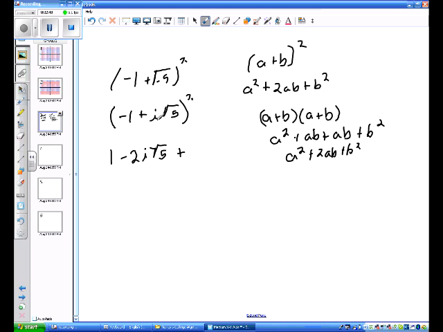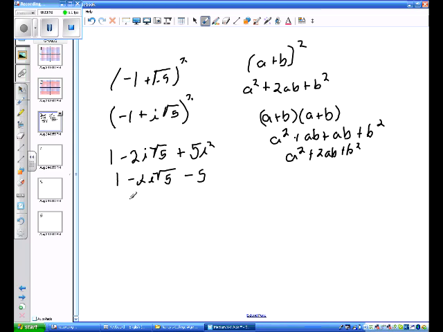Then it's always a plus for the last term. The last term squared, we're going to have to square each one of these. So i squared, and then the square root of 5 squared. Whenever you square a radical, you get the number underneath the radical, so that would be 5. So we would end up with 5i squared. So we would have 1 minus 2i square root of 5, and i squared is negative 1 times 5, which is negative 5.